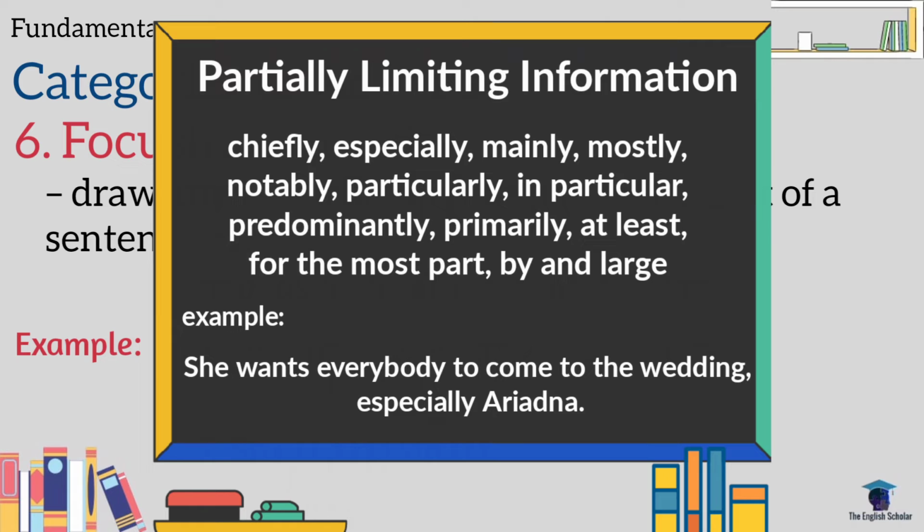Example: She wants everybody to come to the wedding, especially Ariadna. It means that our subject wants everybody to come to her wedding, but she wants Ariadna to come the most.